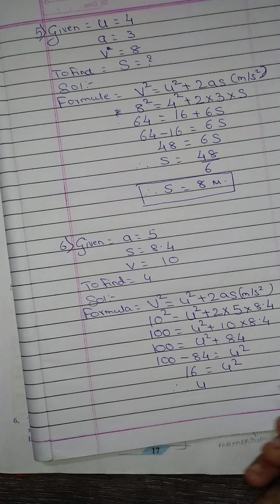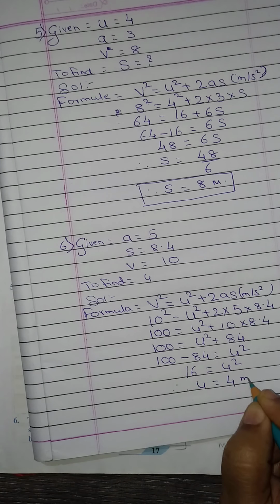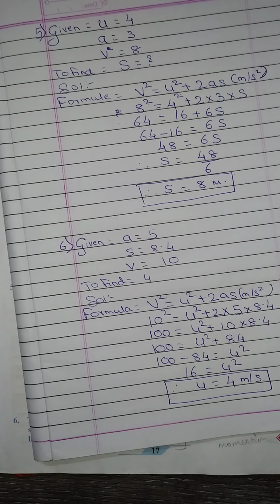Therefore, take out the square root. U is equal to 4. What is the unit? Meter per second. So, this is our answer.